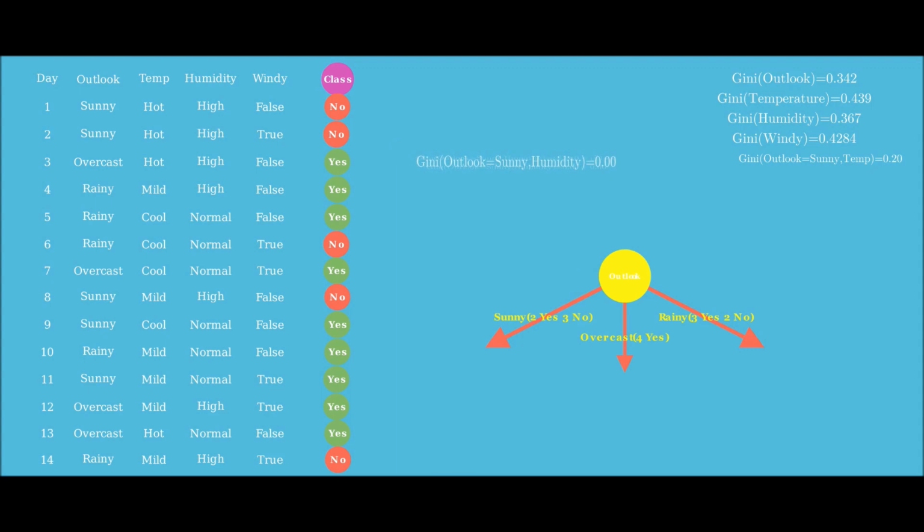Now for the feature windy, outlook sunny, outlook feature value sunny, Gini index would be calculated.